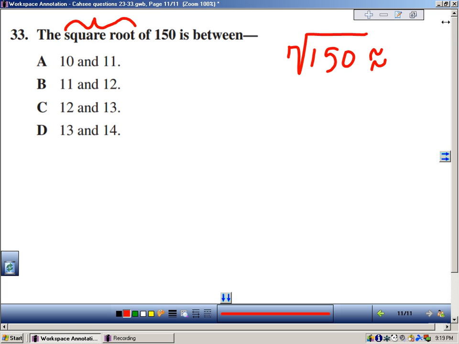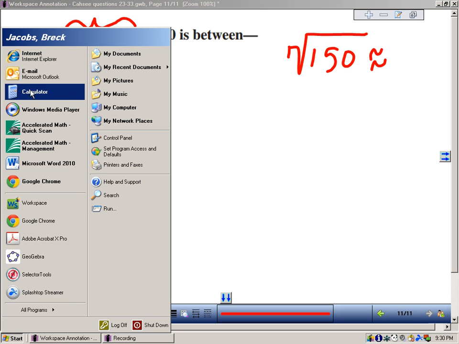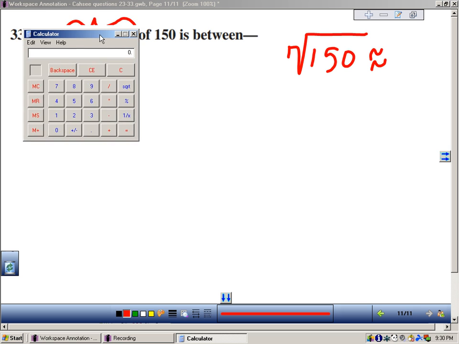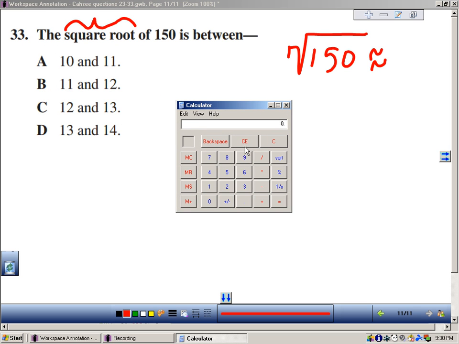If you have a calculator and you were to work that out, you'd get a decimal approximation. So, if I loaded up my calculator here, watch. See that right there? I don't know if it shows up on the screen. It might not. But this calculator, let's see if I can go to scientific here.